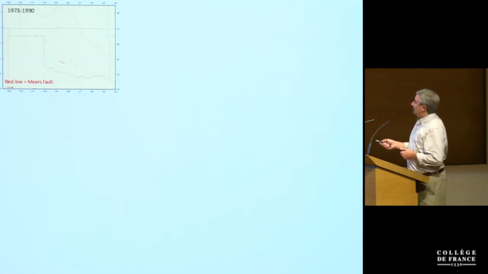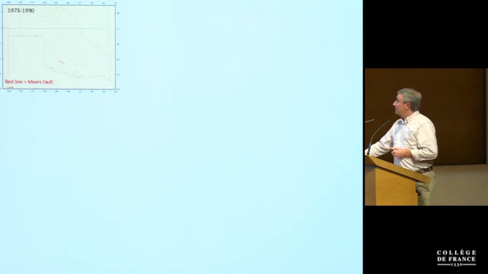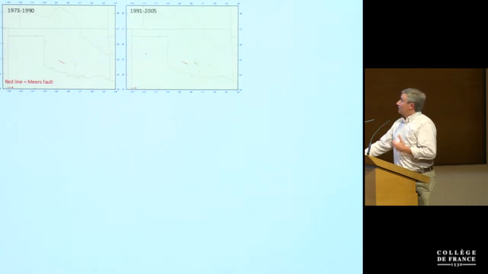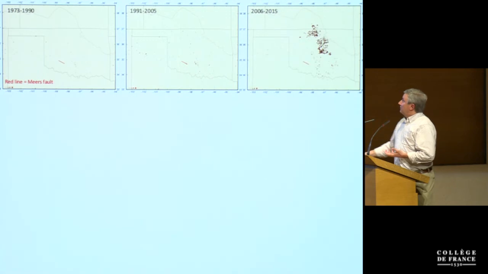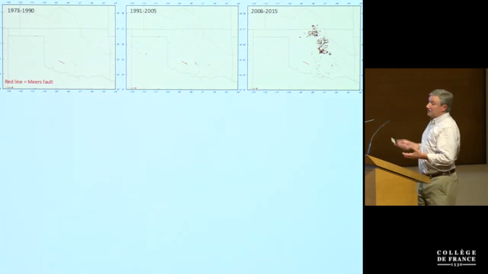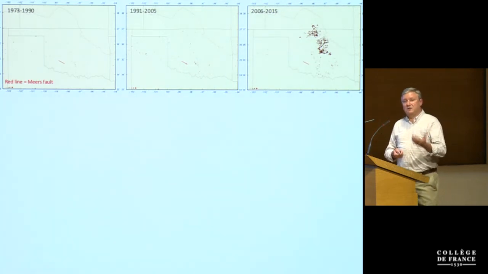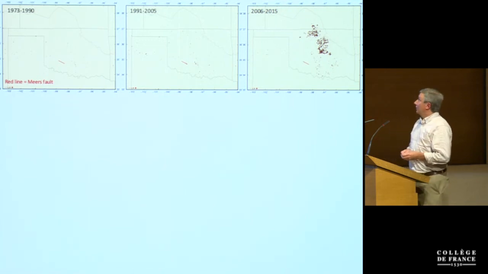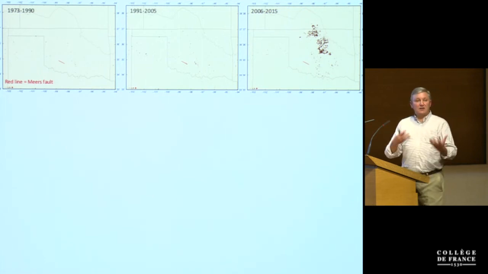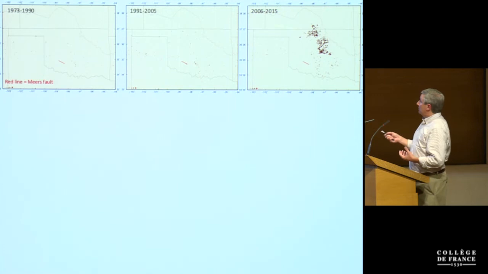This is seismicity from 1973, 1990, 1991, 2005, 2006, 2015. We've seen this seismicity pick up, and it's been the subject of a lot of debate at the beginning, and I think now a lot of fundamental work on what it takes to reactivate a fault, even in a region where there is obviously no tectonic activity.